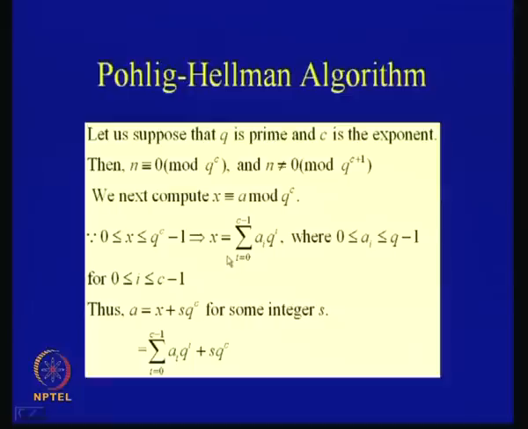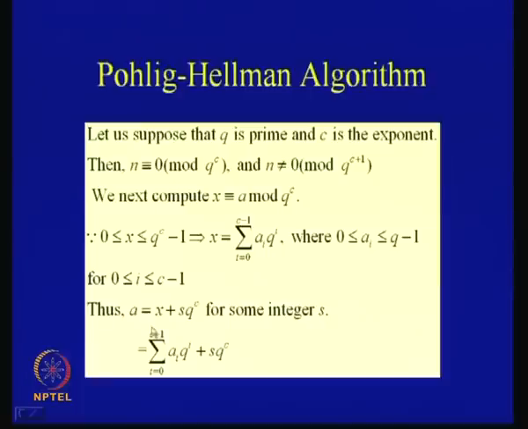So, therefore, x you can always write as a sigma where i is equal to 0 to c minus 1, ai times q to the power of i, where each of these ai's are again lying from 0 to q minus 1. And i will range, as shown in the series, from 0 to c minus 1.